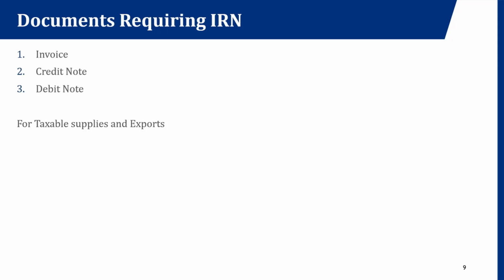Export invoices also need this e-invoice. So e-invoice needs to be generated for these three documents plus export invoice also. And why I'm telling this specifically for taxable supplies: when we see this rule 48(4), it comes below the taxable supplies, and after 48(4) there is the provision for bill of supply, that is your exempt supplies and all.